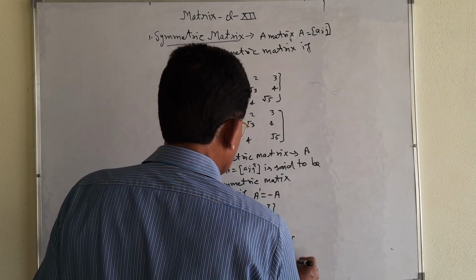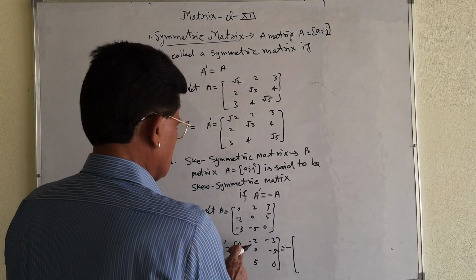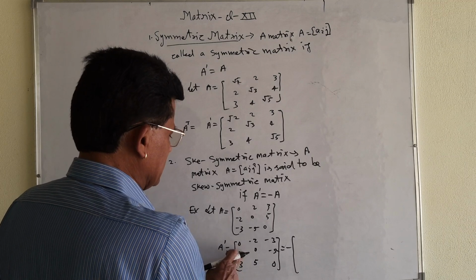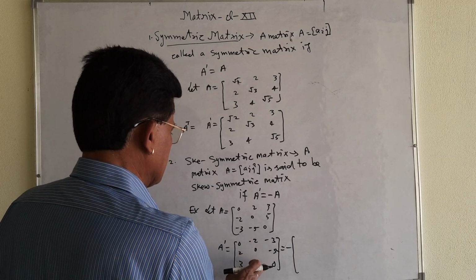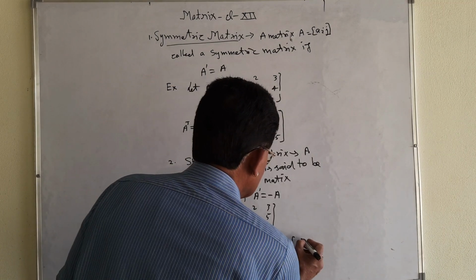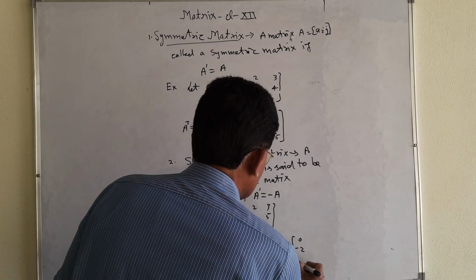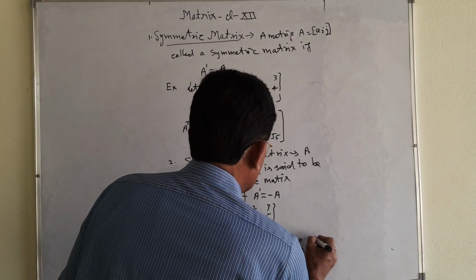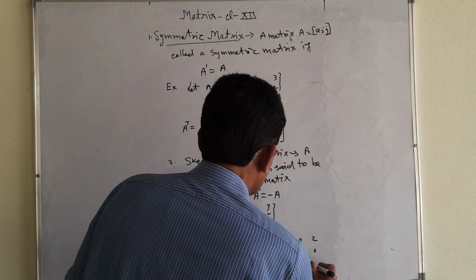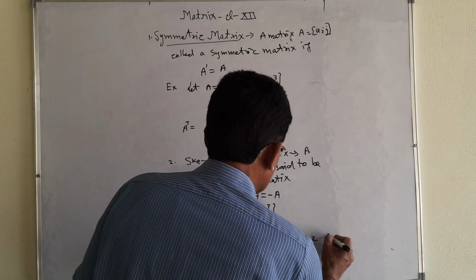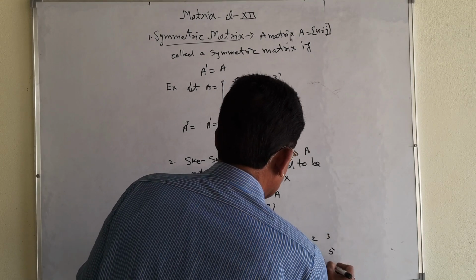What does it mean? Wherever the negative elements are there, these will be positive. Wherever it is positive, it will be negative. -2 and -3, and it will be 2, 0, -5. It will be 3, 5 and 0.